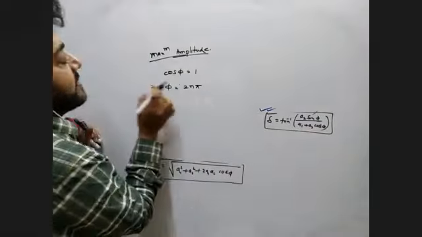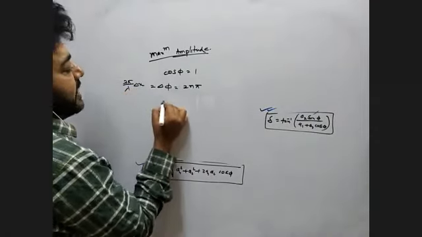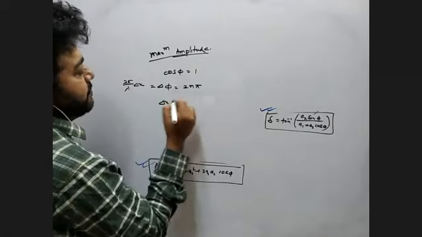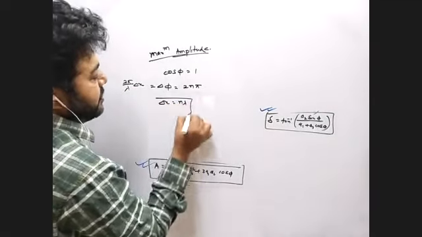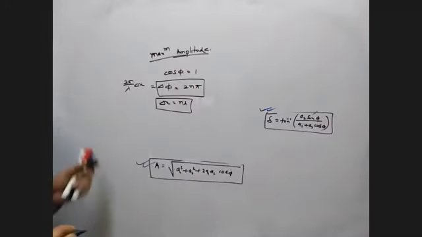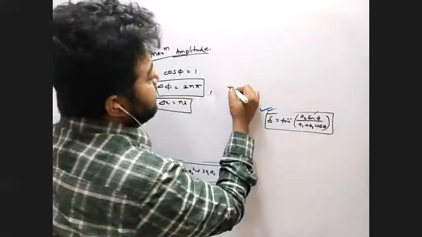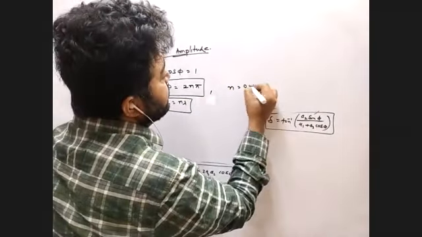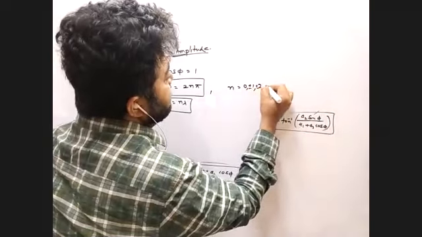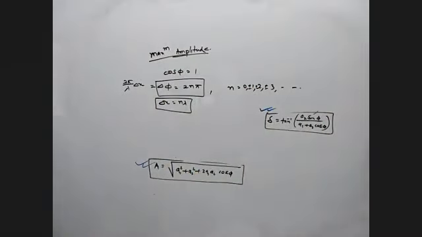If we write it as a phase angle, 2 pi by lambda into del x, the path difference is n lambda and the phase difference is 2n pi, where n starts from 0, 1, 2. You can write plus minus also. See, cos 0 is 1, cos 2 pi is 1, cos 4 pi is 1. Is it clear, everyone?